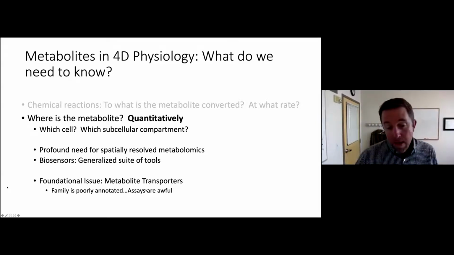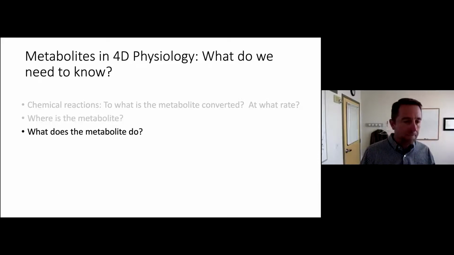They're bad. The small number of people that study metabolite transporters in the world typically are using assays that are very, very similar to what was used in the 1970s for studying transport reactions. And I think we need major improvements there to understand the proteins that move metabolites.